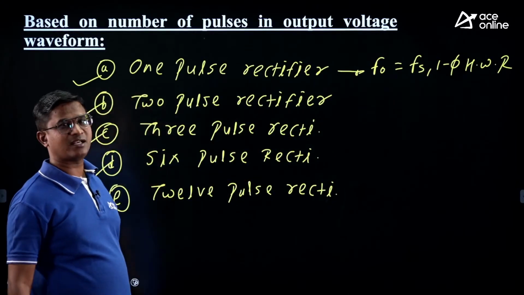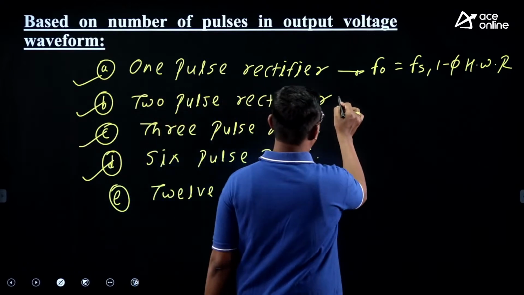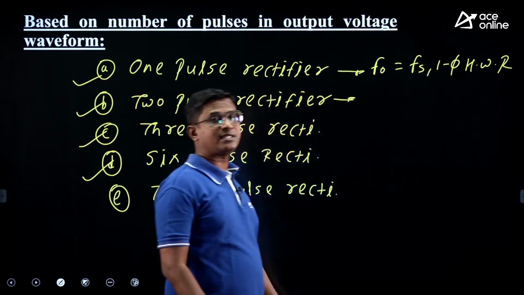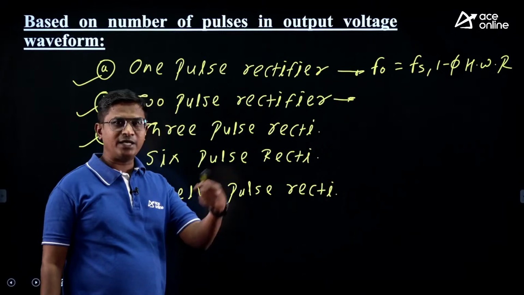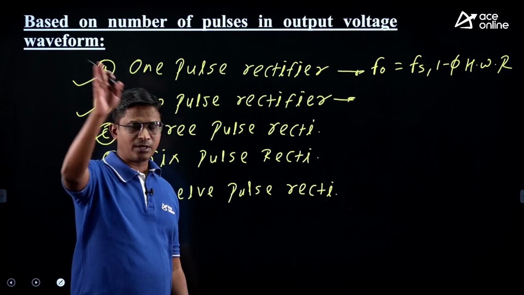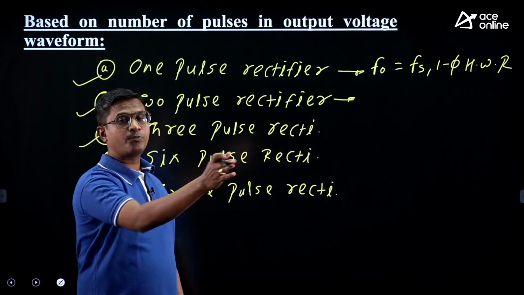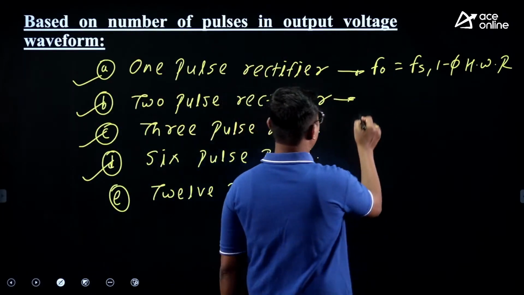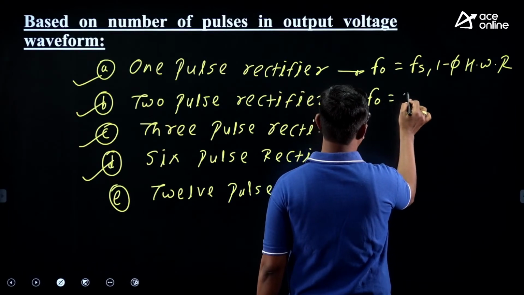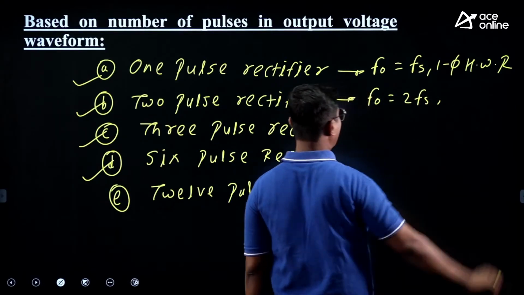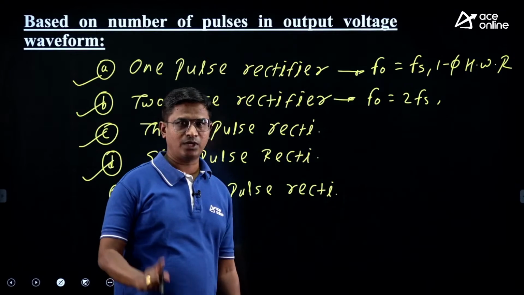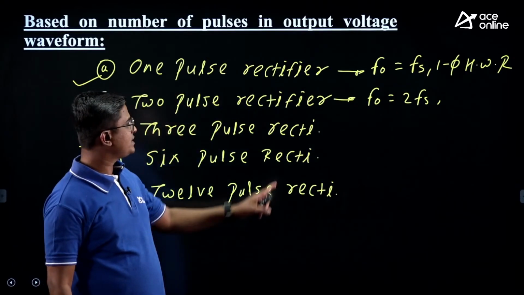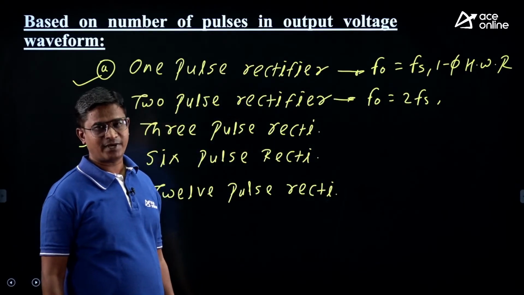Next, the two pulse rectifier. A two pulse rectifier gives two pulses in output for one input cycle. Meaning when the input completes one cycle, my output has two pulses. So here the output pulse frequency or ripple frequency is 2 times the supply frequency. Which rectifiers are known as two pulse rectifiers?